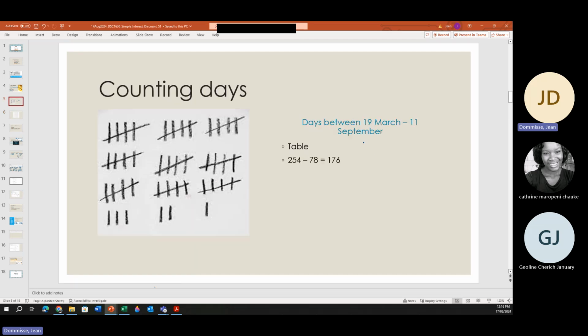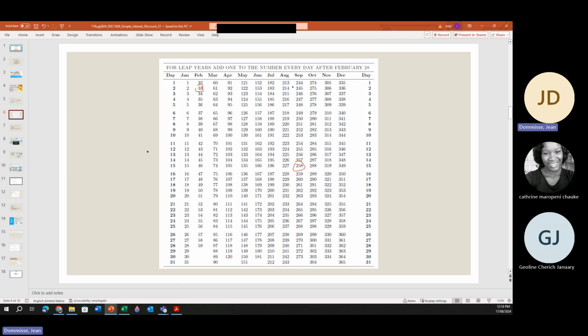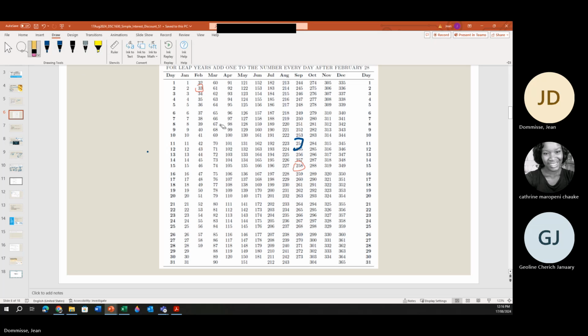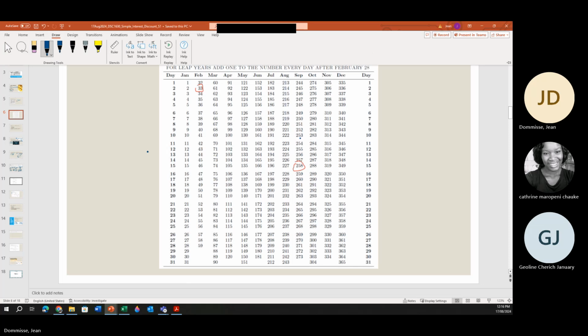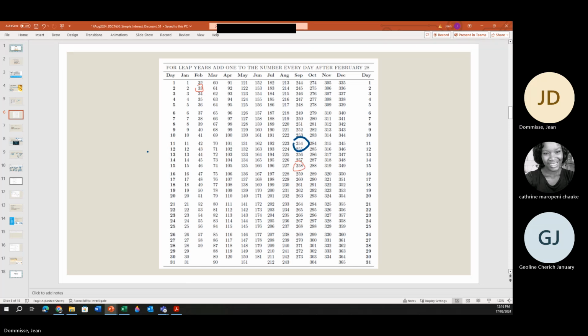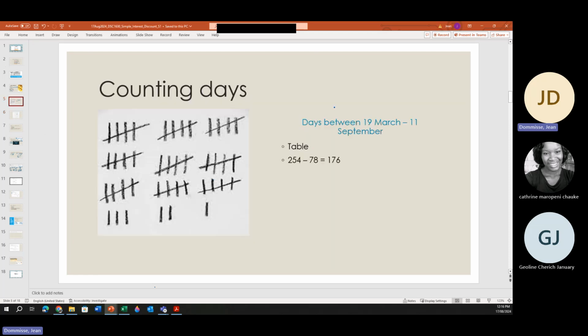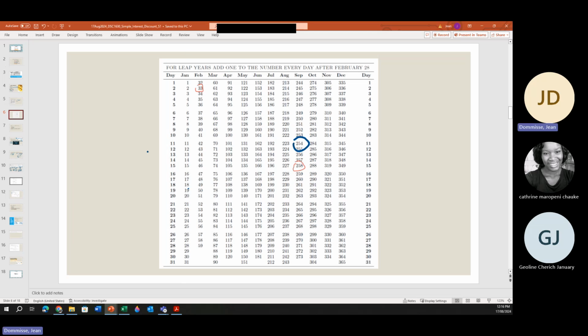So here, again, I wanted to show, if we need to have the number of days between 11th of September and 19th of March, it would have been exactly the same. 11th September is day 254, and then the other day, 19 March, is day 19, and we would have subtracted those.